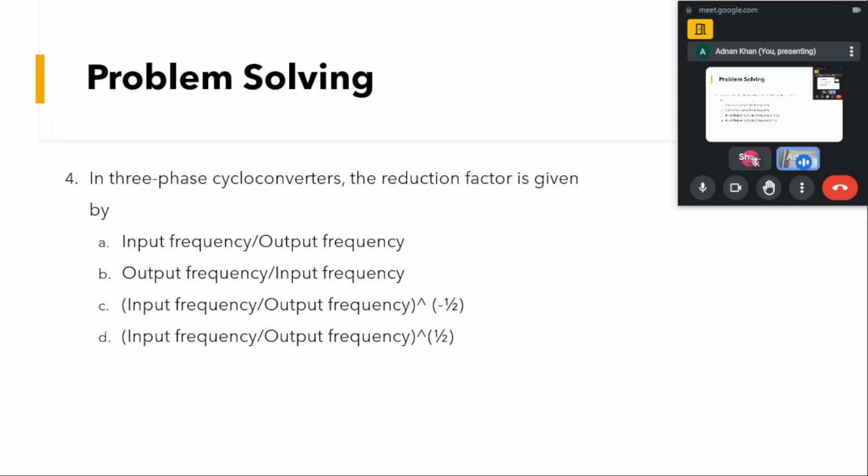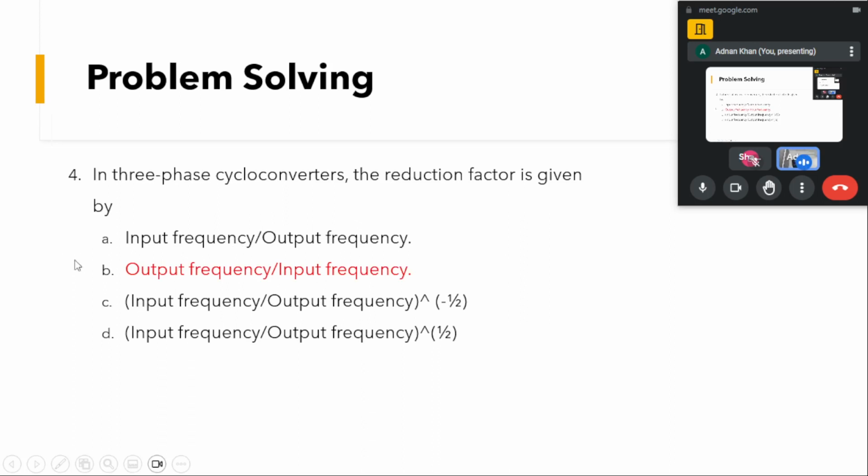I think the reduction factor in the cycloconverter is given by the output frequency divided by the input frequency. So what is the change between the frequency of the output to the input?